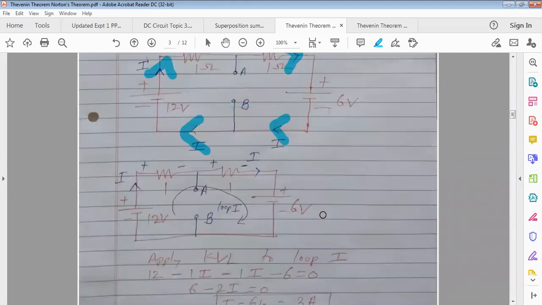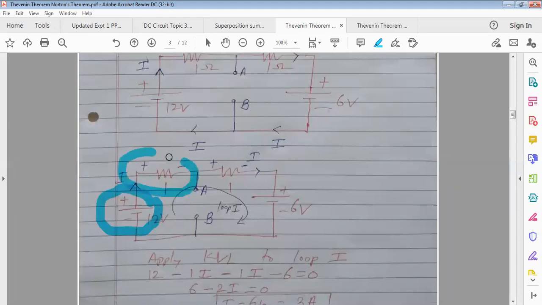So see here. Here polarity I have marked plus minus, and then I have applied Kirchhoff's voltage law to this loop. Now loop direction I have assumed clockwise. You can assume anti-clockwise also. Now move clockwise. Whenever you move clockwise, what about 12 volt, will be plus or minus? Plus 12 volt.